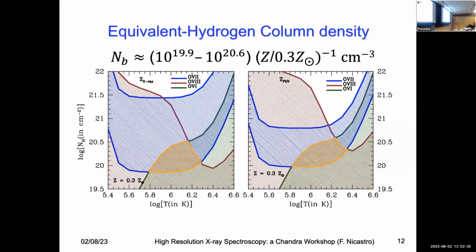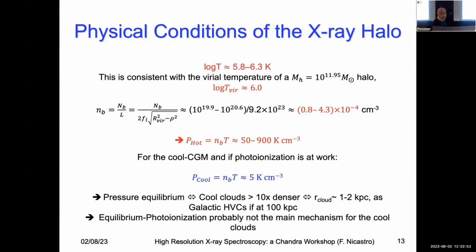And these are the regions that we constrain for the equivalent hydrogen column density and temperature of the absorber, and the virial temperature of the average halo of these three galaxies is about 10 to the 6 Kelvin. So it's fully consistent with the contours we have there. As I say, the temperature is between 5.8 and 6.3.